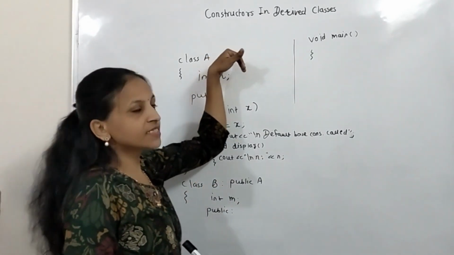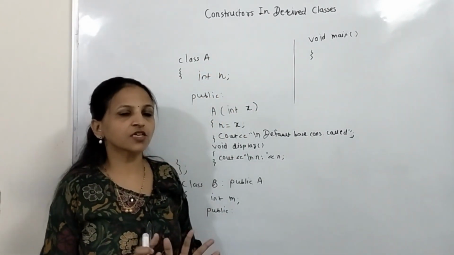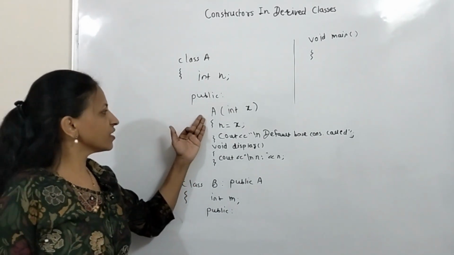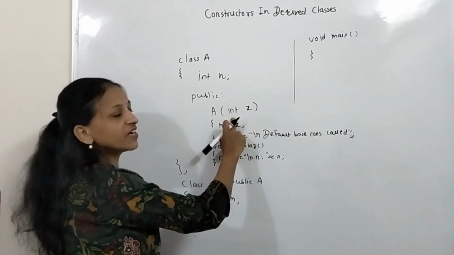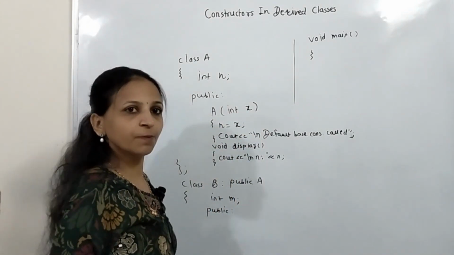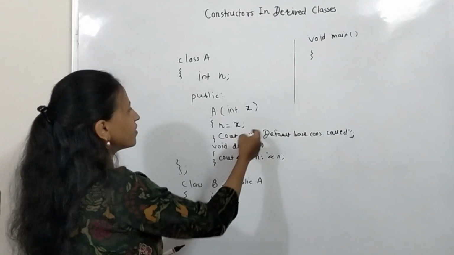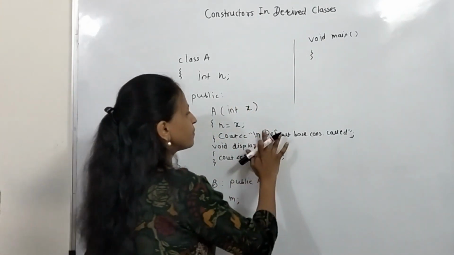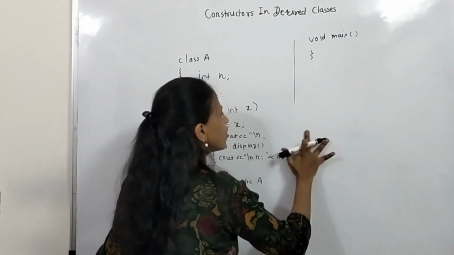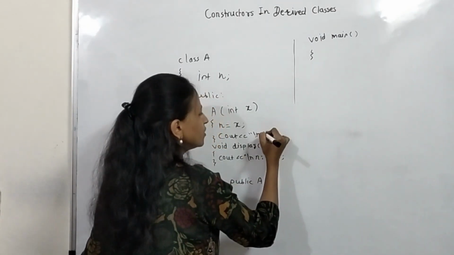Now this class A does not have any default constructor, no problem. It has a parameterized constructor, A, and I am passing one integer argument. Whatever x is passed gets assigned to n, and here we just display a message, base constructor called.